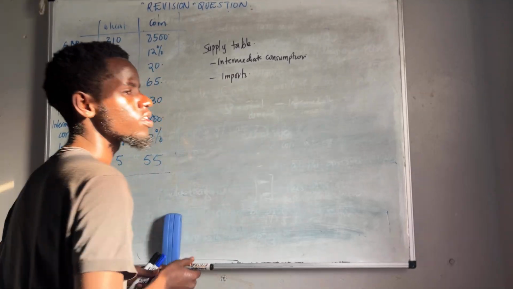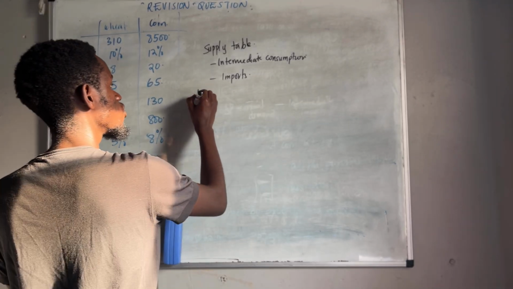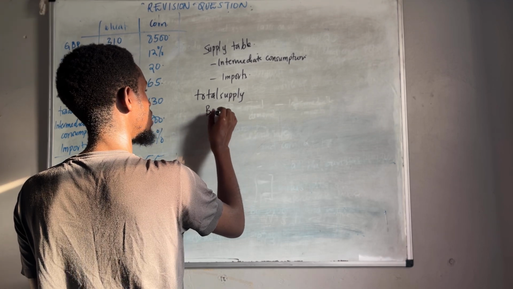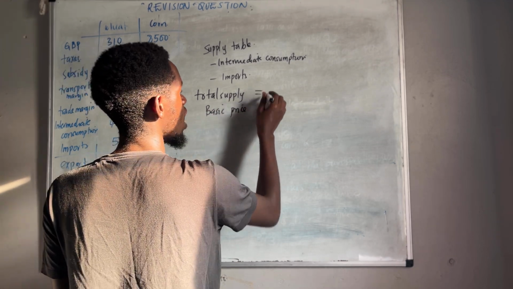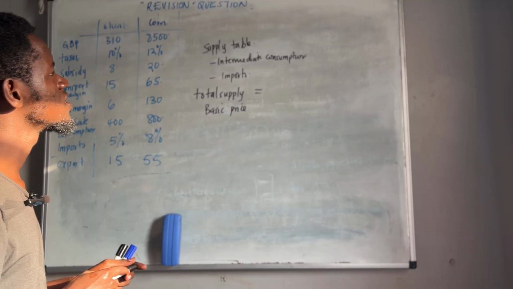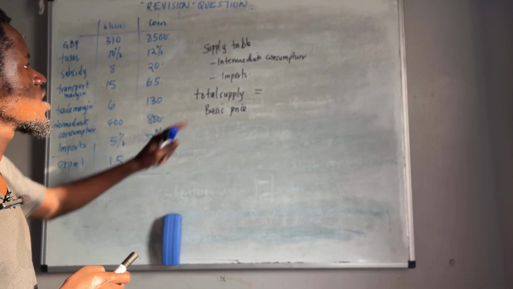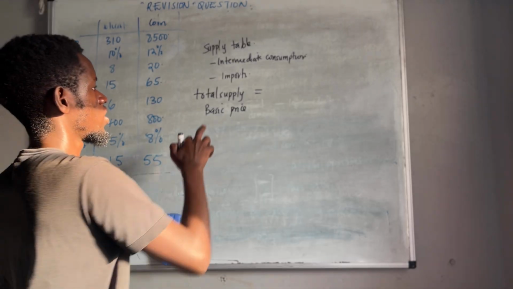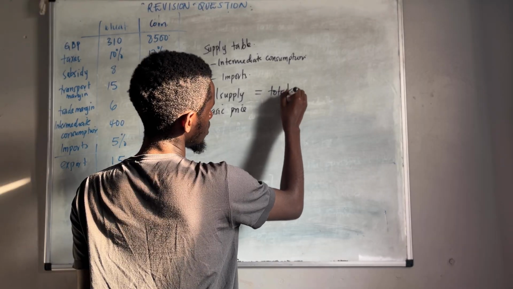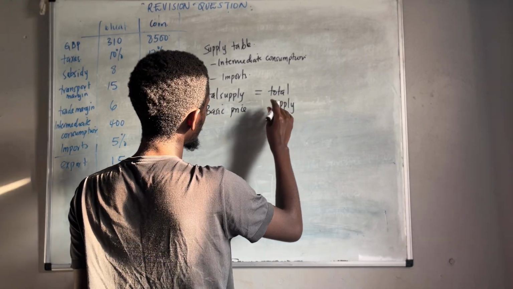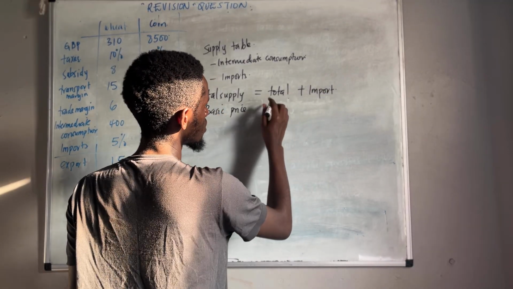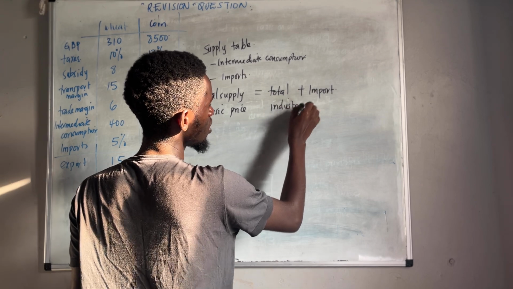From this supply table, if we want to get the total supply at basic price, we just need to add the GDP, that is what is produced within the country, plus imports. So total industry plus the imports.